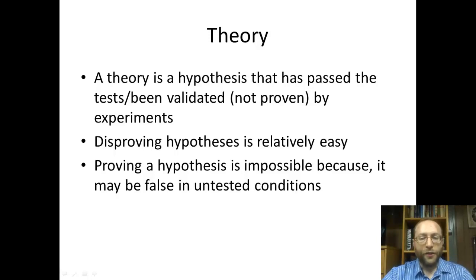And then about 100 years ago, in the early part of the 20th century, Einstein came up with his theory of relativity, which predicted some different things. So scientists did experiments, they did observations, and they found out that in certain conditions where Newton's theory predicted one thing and Einstein's theory predicted another, Einstein's theory was the one that was validated.